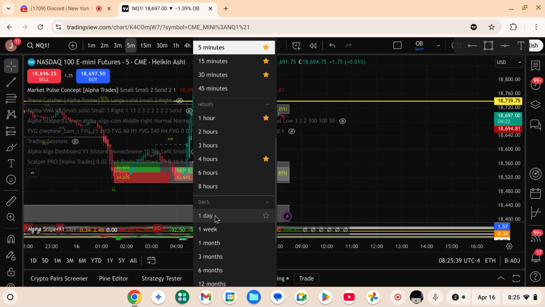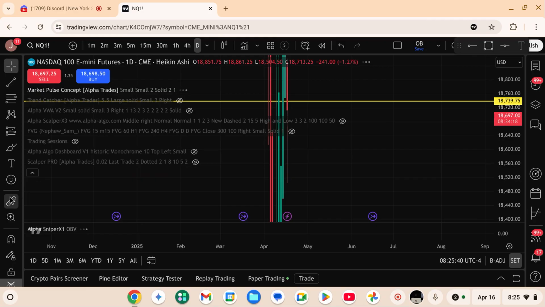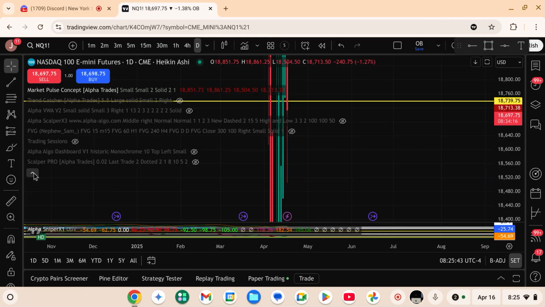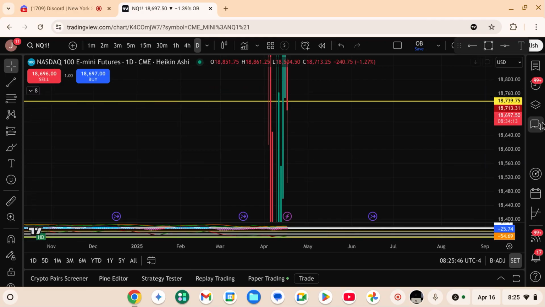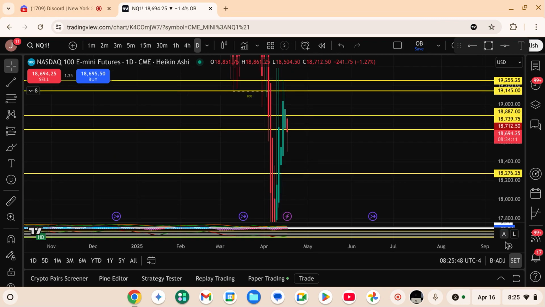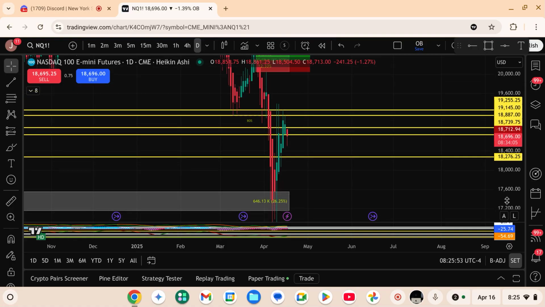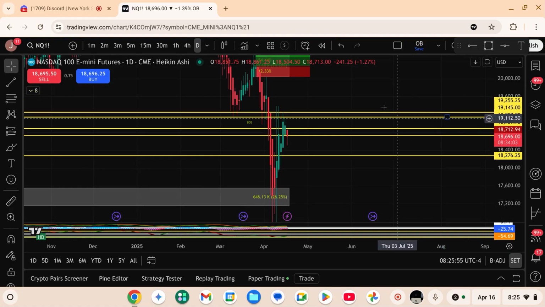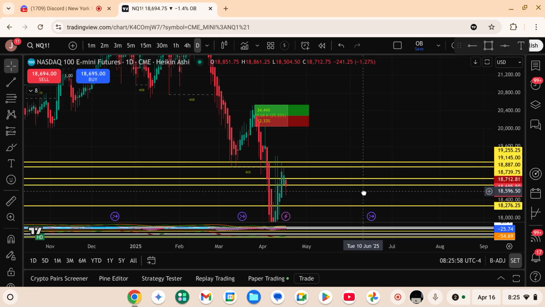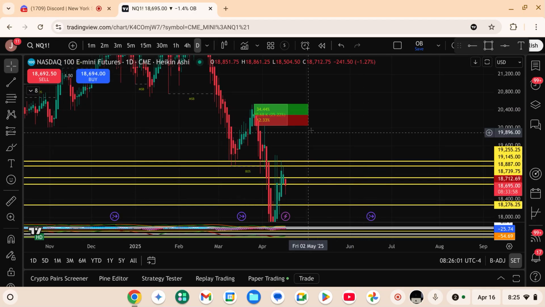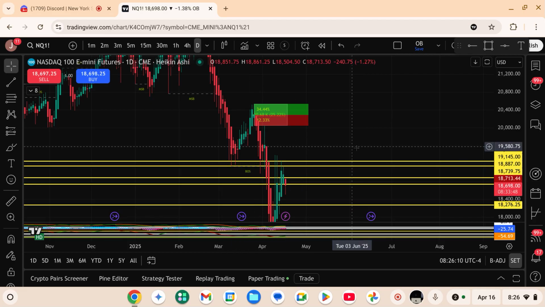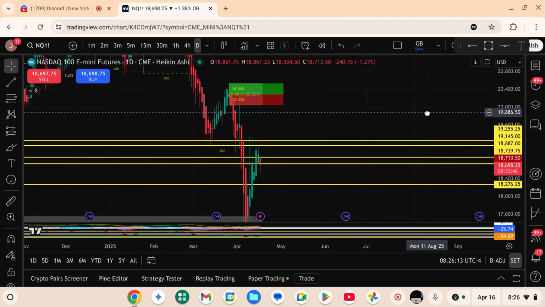Let's go to the 1 day. Okay, so the closest thing we got to price right here on the daily is this breaker structure here. That's closest to current price.